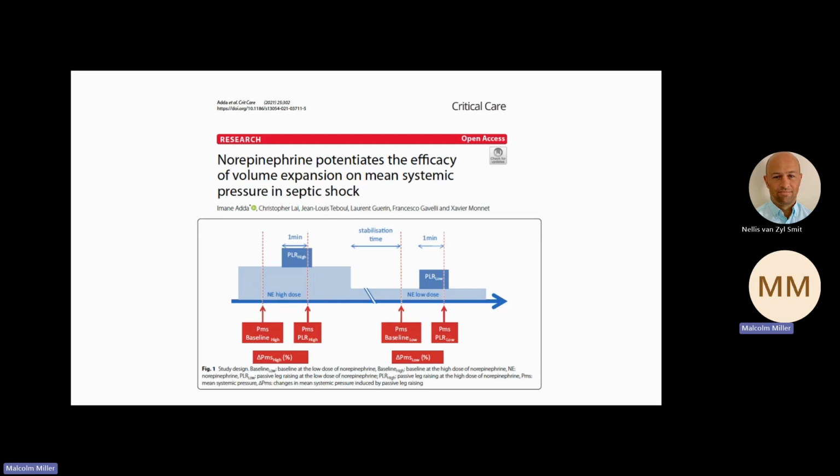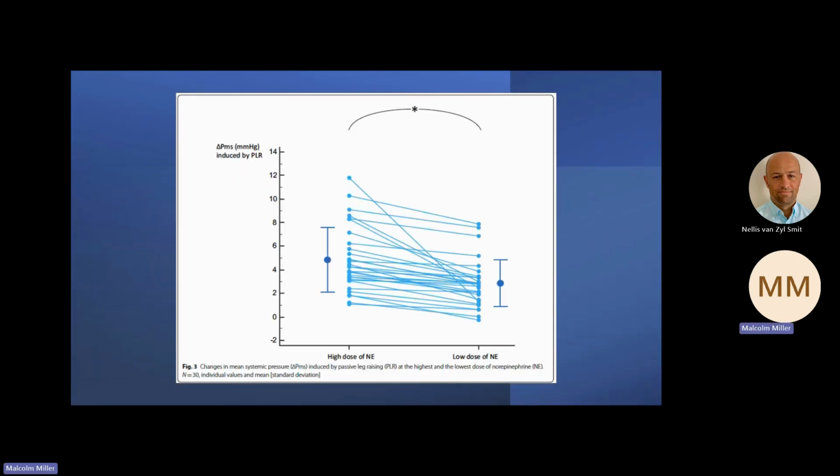And it used passive leg raise to assess volume responsiveness. And what the experiment illustrated was that there was a greater change in your mean systemic filling pressure to right atrial gradient with high doses of noradrenaline, much more so than low doses, which I think was quite an interesting decision in terms of the study design.